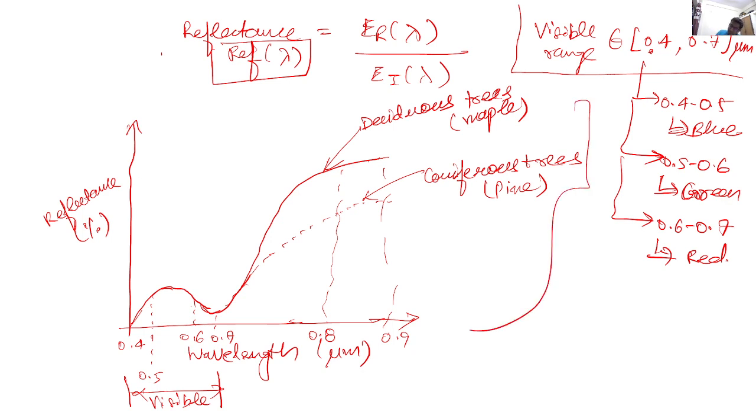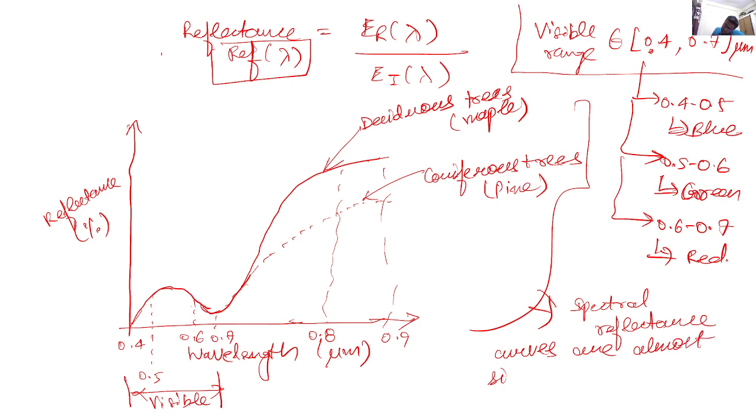So just to sum it up, from these two plots we can infer that the spectral reflectance curves are almost similar in the visible range, but it varies in the near infrared range.